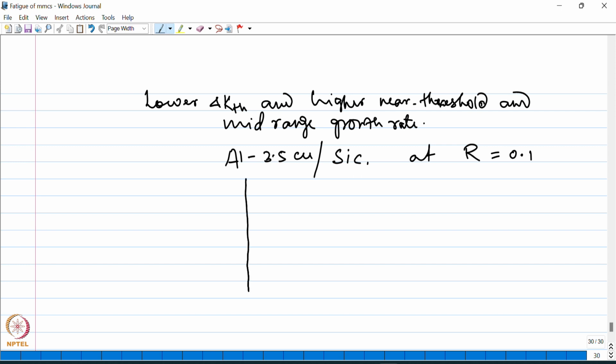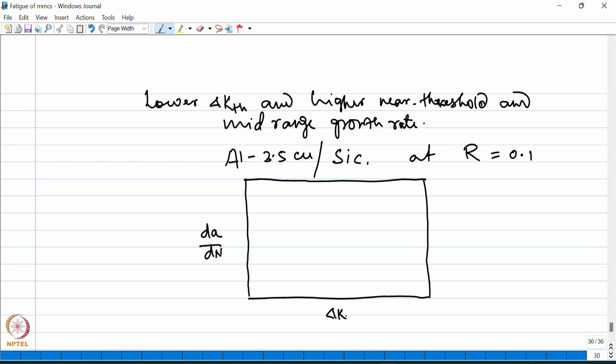So if you look at the plots, the unreinforced alloy was somewhere around here, and the data for the composite were found at the left. So that's what this means.